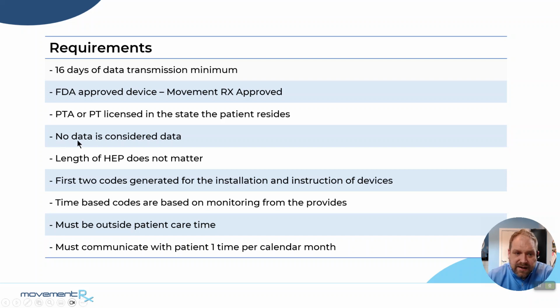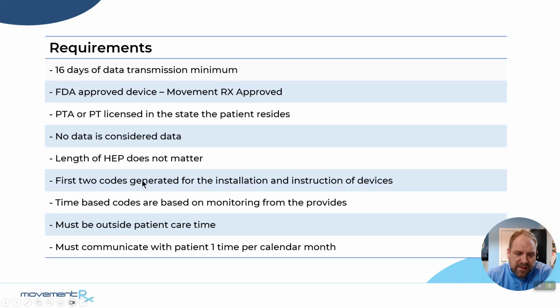The 16 days of data transmission for that 98977 code doesn't mean it's patient participation. It just has to have software data. So if the person doesn't participate, as long as the software system tells you that, and it's actually a data point, that's considered one day of data transmission. There are 16 days required in a 30-day period. The length of the home exercise program doesn't matter. It could be one video, could be 100 videos.